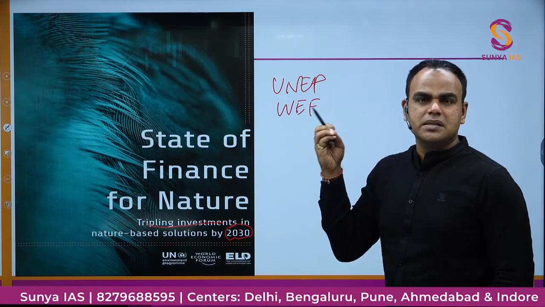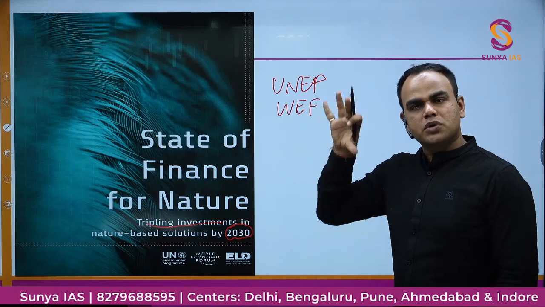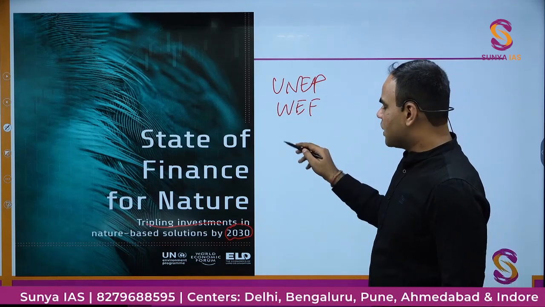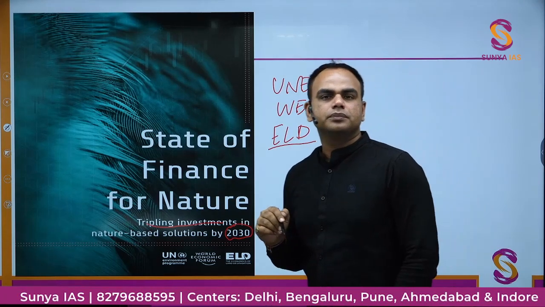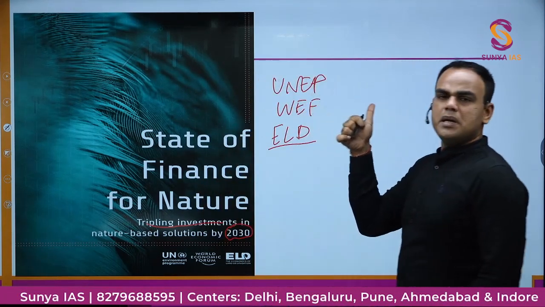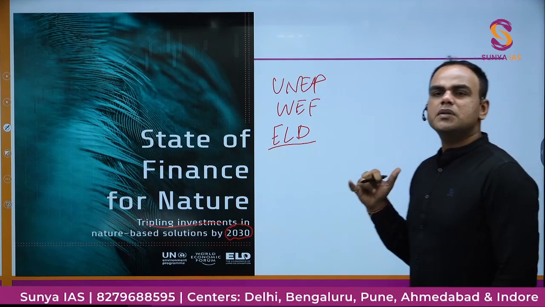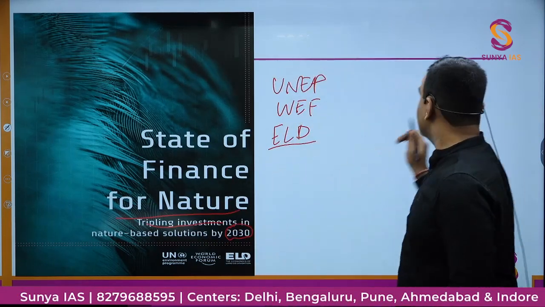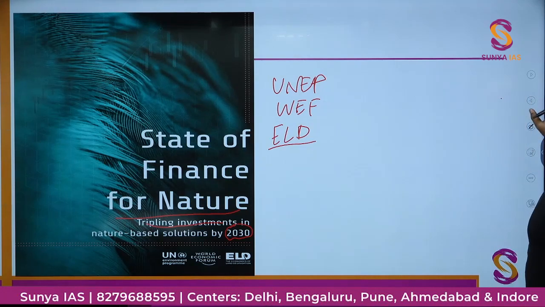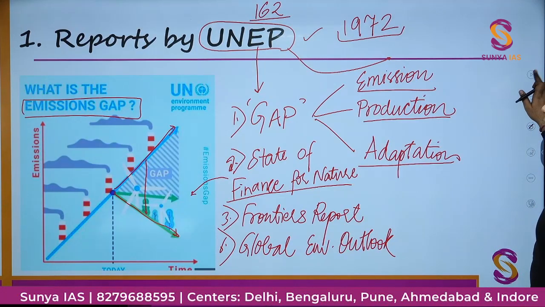Again in this set of lectures I'll have a few reports of the World Economic Forum as well. And third is the Economics of Land Degradation, okay. So UNEP, World Economic Forum, and Economics of Land Degradation. This is the State of Finance for Nature report, okay. So that is the first part that you should be aware about.